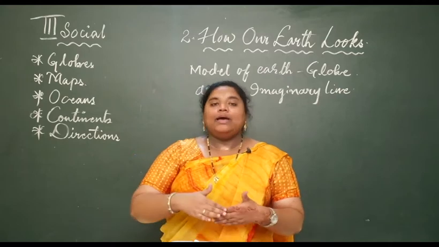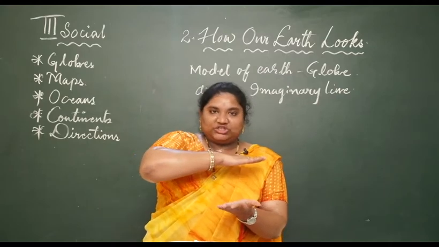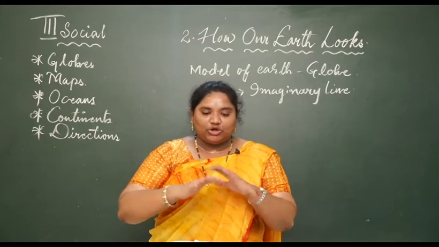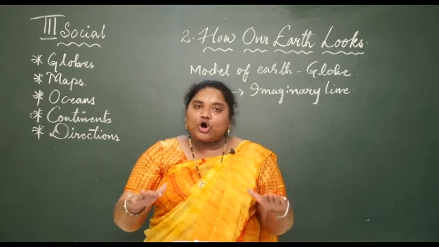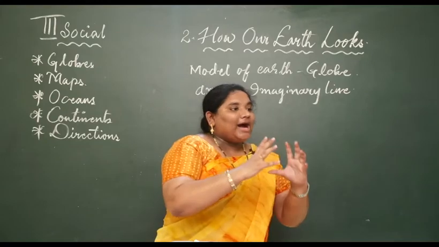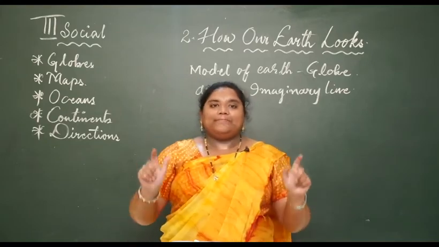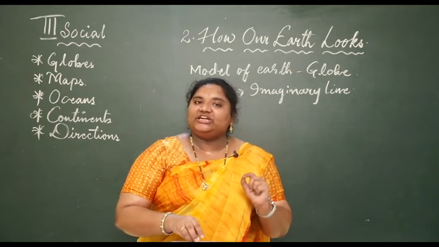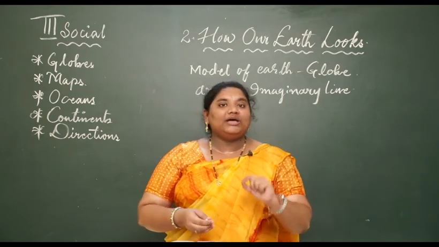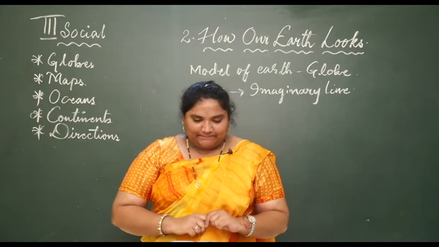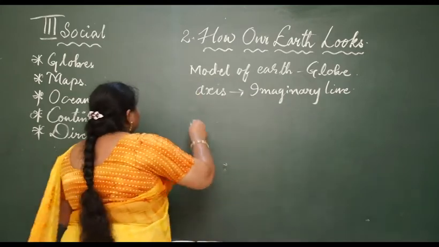What is a map? A map is a drawing of the earth on a flat surface, or also a part of it on a flat surface or a paper, so that each and every detail is shown on a paper, on a flat surface. That is called a map. So what is a map here?